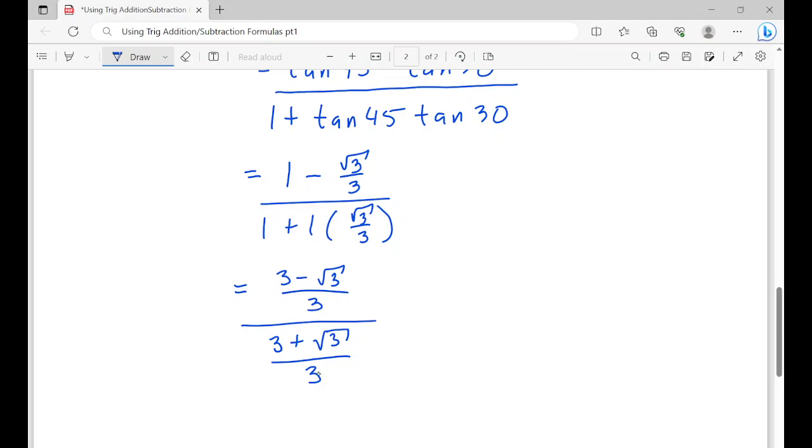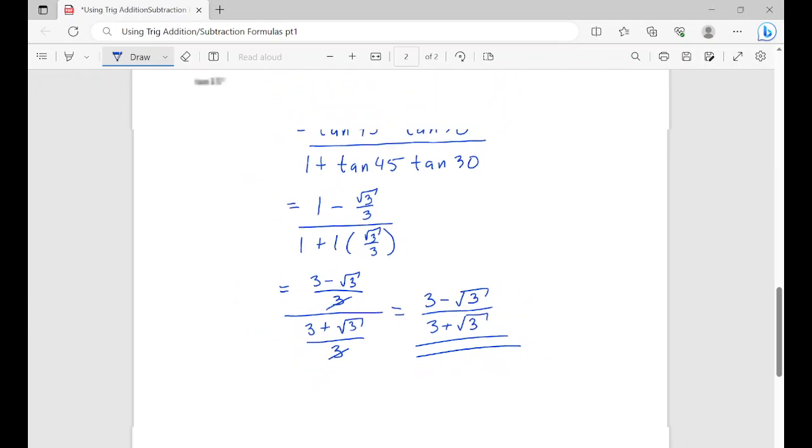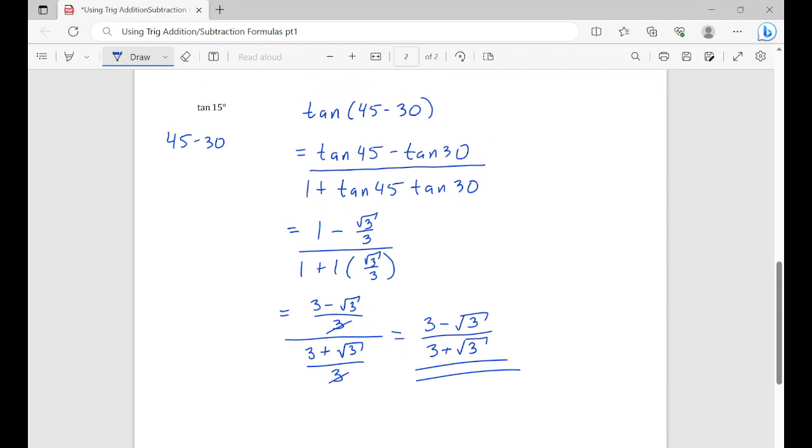And seeing as I got a 3 in the denominator of each part, I can just cancel those out. And I'm going to end up with 3 minus root 3 over 3 plus root 3. And that would be the exact answer for tangent of 15 degrees.